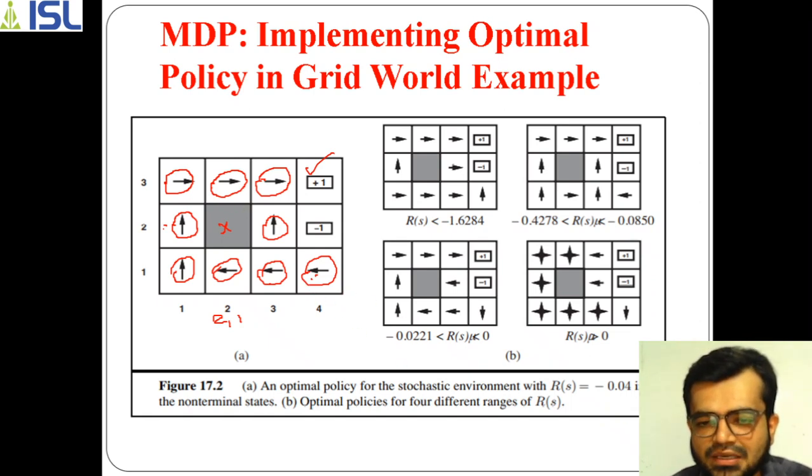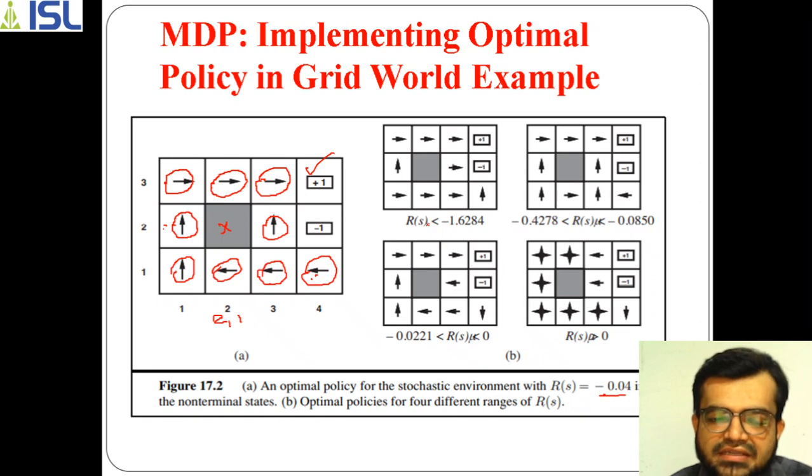But for example, if there are different ranges, for figure A we just have the value minus 0.04, but suppose in this diagram the range is that the reward of a given state is less than minus 1.6284.